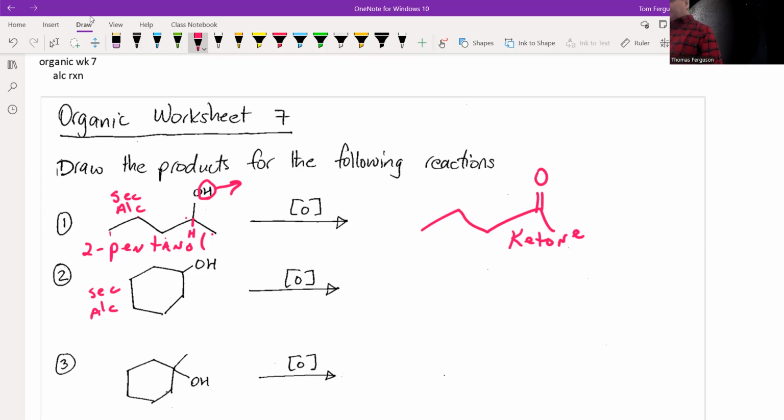So in this case, this is going to be a cyclic 6-membered ring. So it's going to be a cyclohexanol. And whenever we have a functional group on a cyclic ring, that's always defined as carbon number 1.